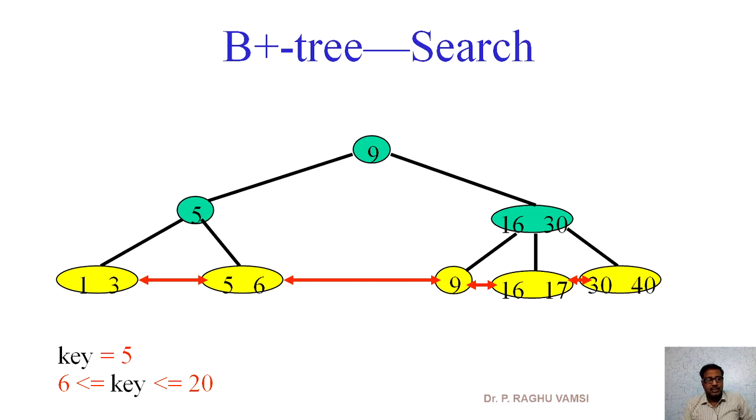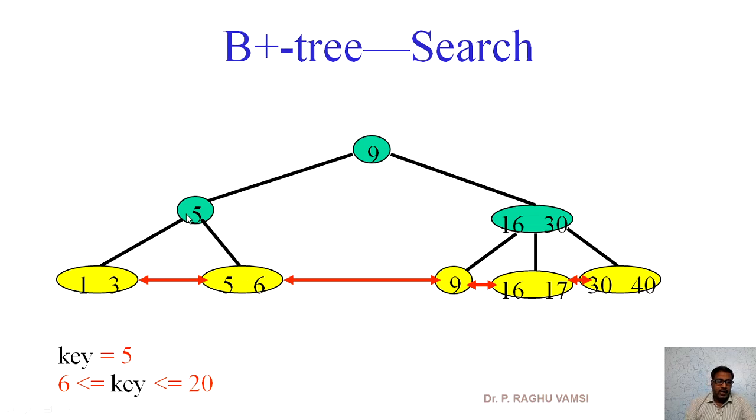But first of all, you are supposed to search for the starting element. The 6 you compare with 9. 6 is less than 9, so you traverse to the left side. Then you compare with 5, which is less than 6, so you traverse to the right side. Now from here, you need to start searching for the key.